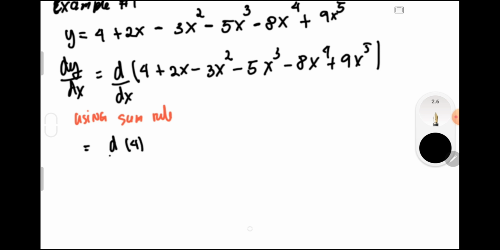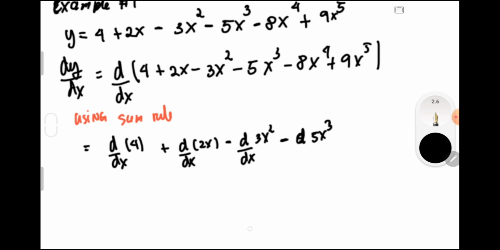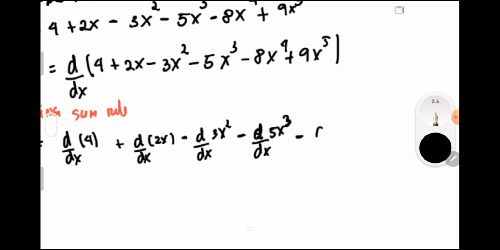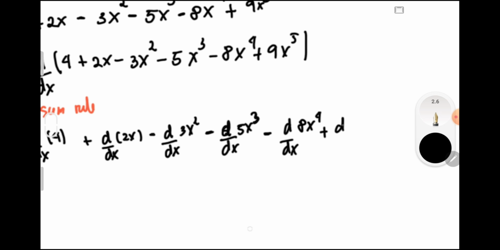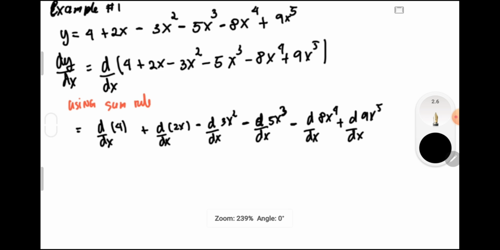wherein it is equal to the derivative of 4 with respect to dx plus the derivative of 2x with respect to dx minus the derivative of 3x squared with respect to dx minus the derivative of 5x cubed with respect to dx minus the derivative of 8x raised to 4 with respect to dx plus the derivative of 9x raised to 5 with respect to dx.